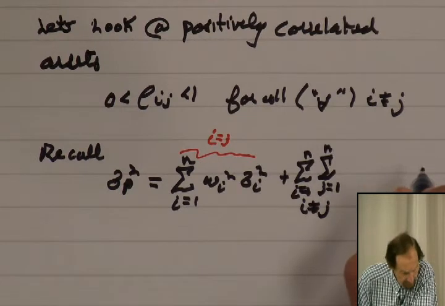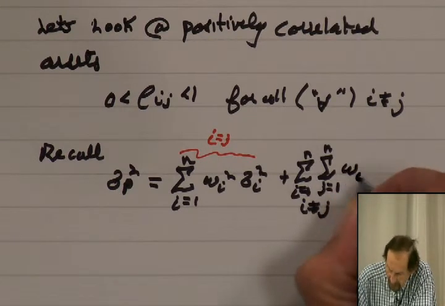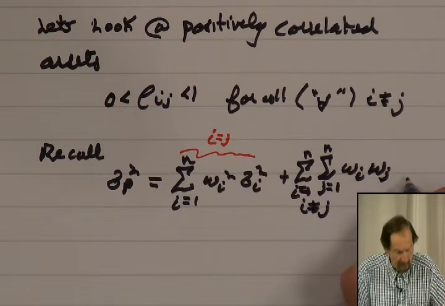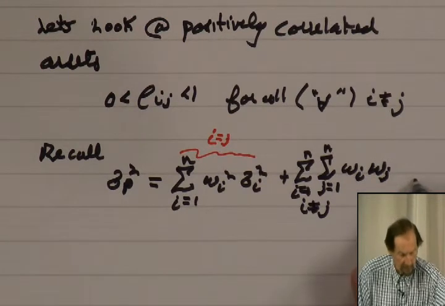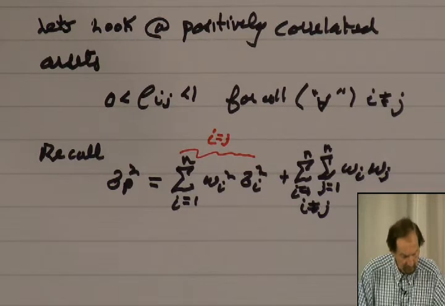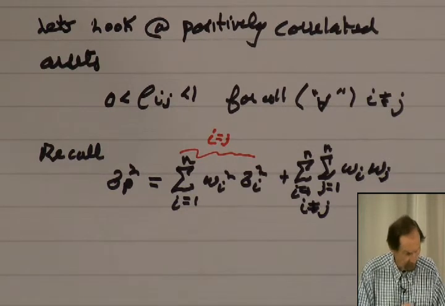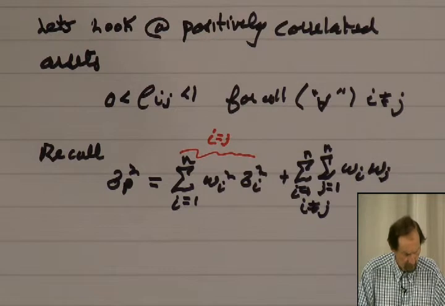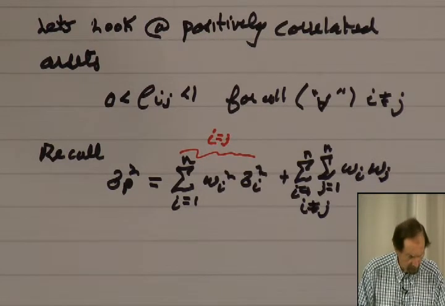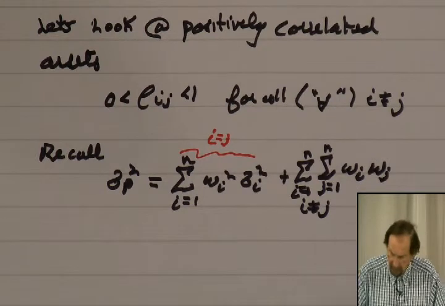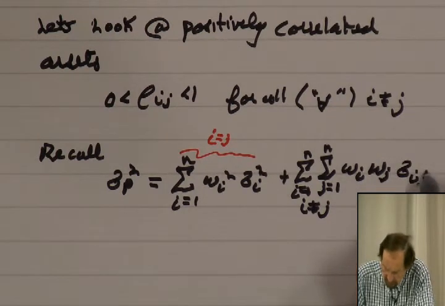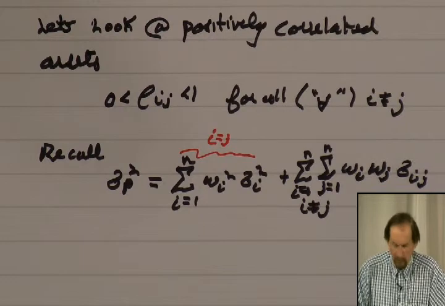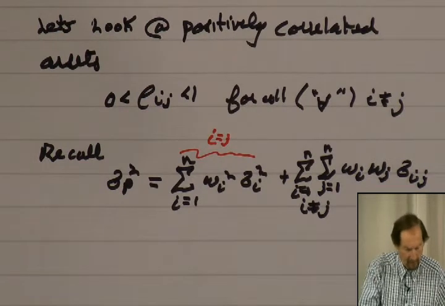So the second term on the right-hand side are all the covariance terms, and they are wi, wj, sigma ij. Now, what do we get here?